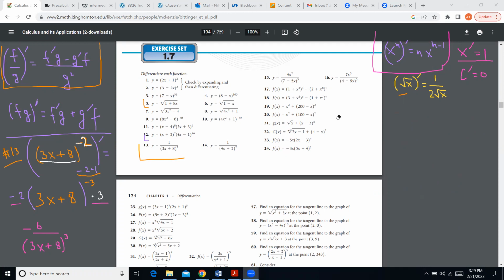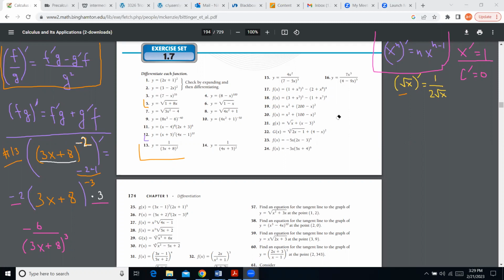So again, avoidance of these fractions has always been my goal. And of course, you can do some more practice doing this process.